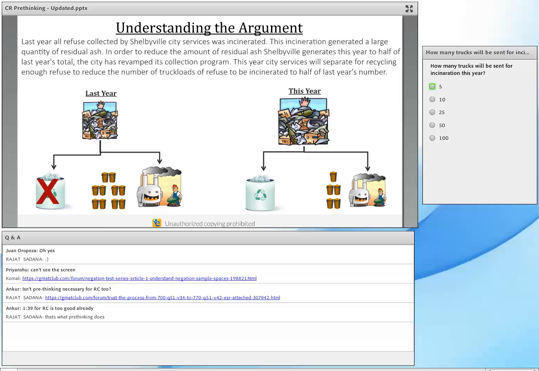And again, before you put in the answer, read the argument once again. Make sure you understand what's given in the argument.